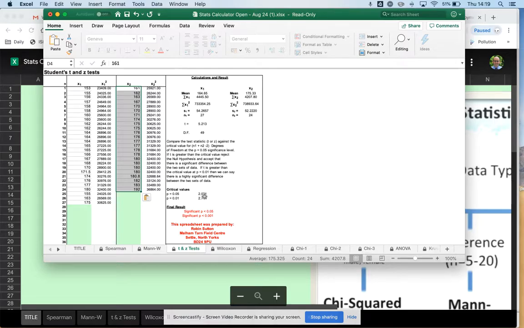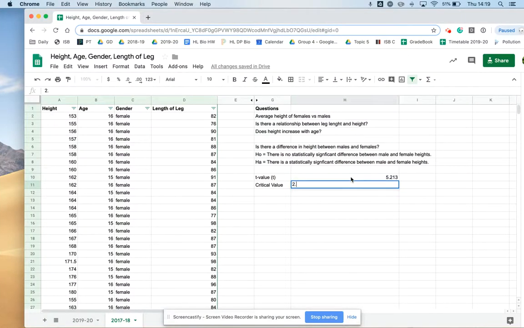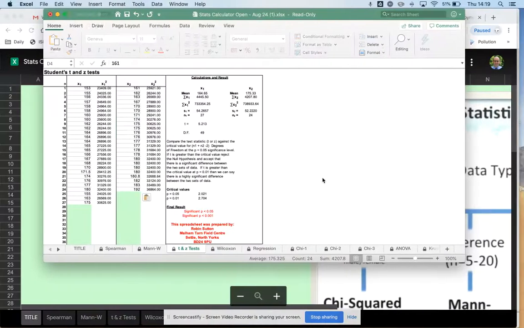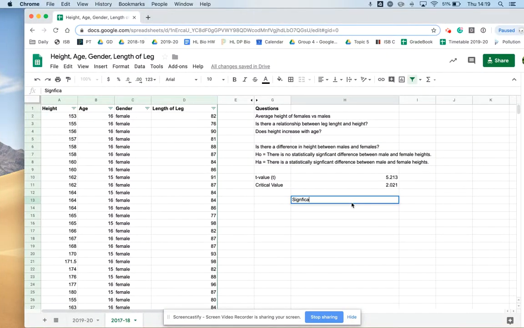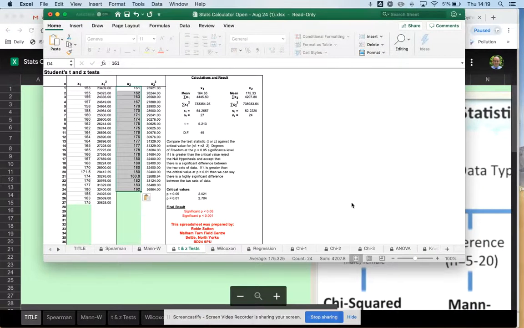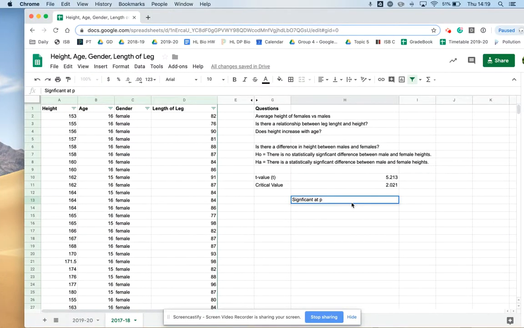So our critical value here is 2.021, okay? So what that means is if the T value is bigger than the critical value, we say that there is a significant difference, okay? And that's what this is saying down here. The final result basically says significant at P less than 0.05, okay?